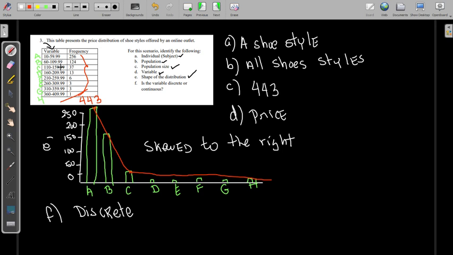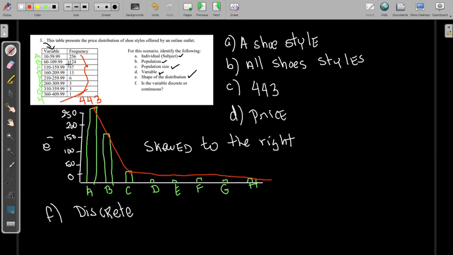So even though the prices have decimals, it is a definite price. In other words, you can't have another decimal here, because this is money, and money only has 2 decimals. You can't have 3 decimals when you talk about money. So the price, even though it has decimals, is an exact price.